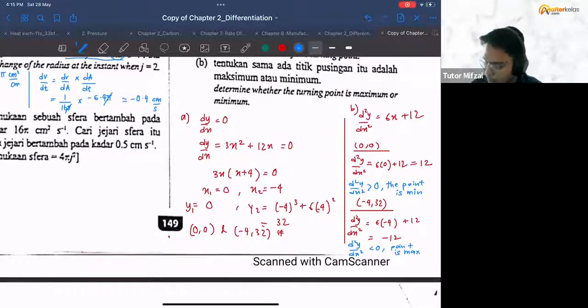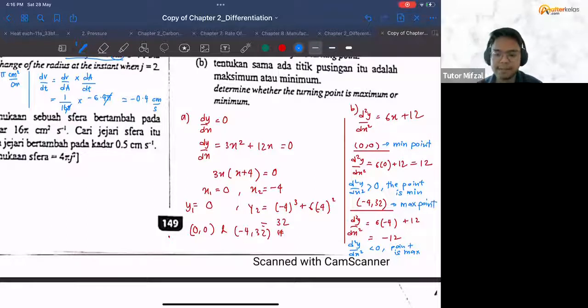Now, when you substitute 0, 0, you get a positive value. Therefore, 0, 0 is the minimum point. When you substitute negative 4, 32 into d squared y over dx squared, you get a negative value. So this shows that the point is a maximum point.